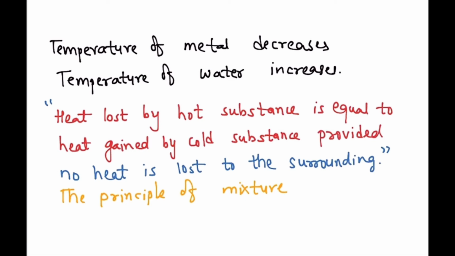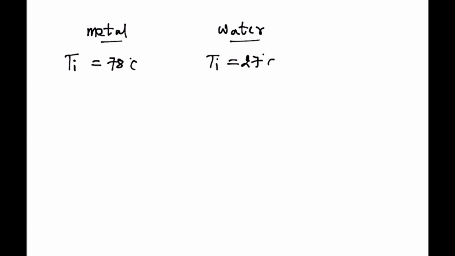Now let us see the application by taking some values for the metal. We already know that the metal has initial temperature 78 and water has initial temperature 27 degrees Celsius. But we need information about masses as well.